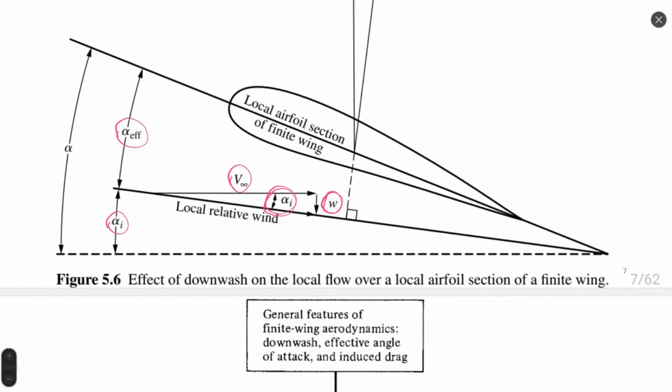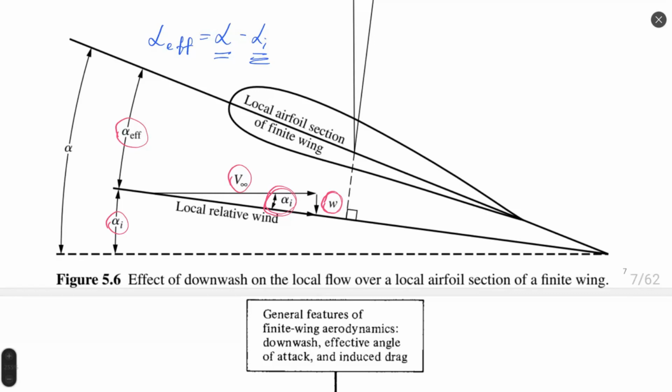According to this geometrical definition, alpha effective would be equal to alpha minus alpha i, where alpha is the geometrical angle of attack, the direction between flow and chord, and the induced angle of attack represents to us losses on the wing. So effective angle of attack can also always be calculated as the difference between these two angles.